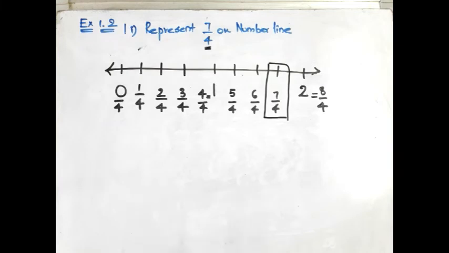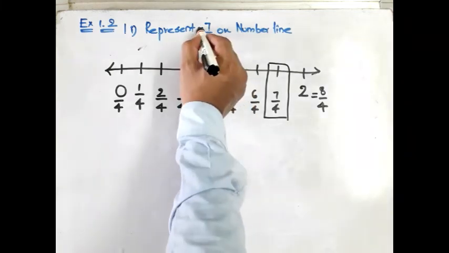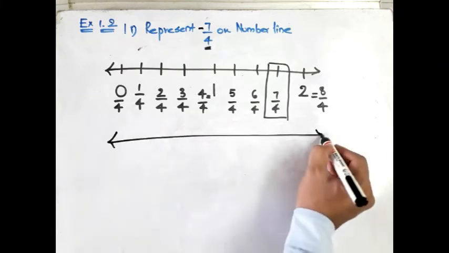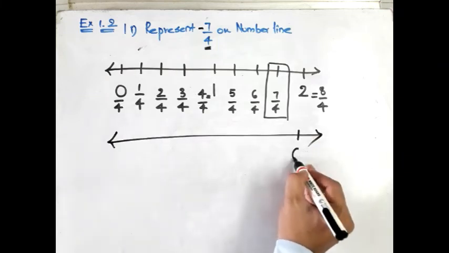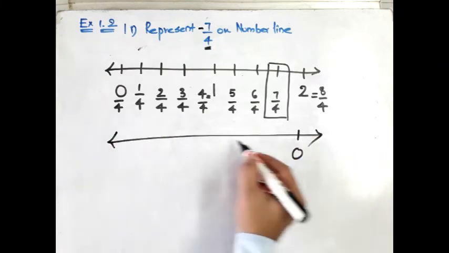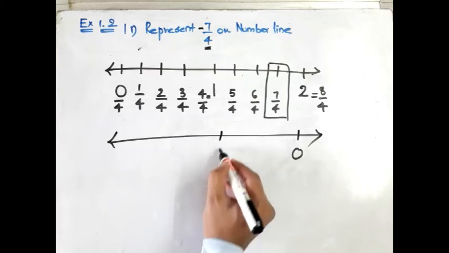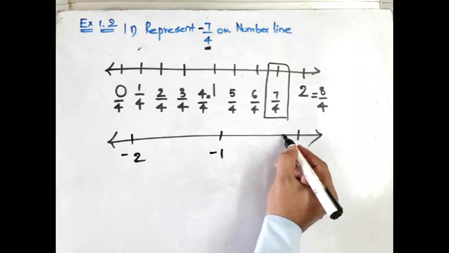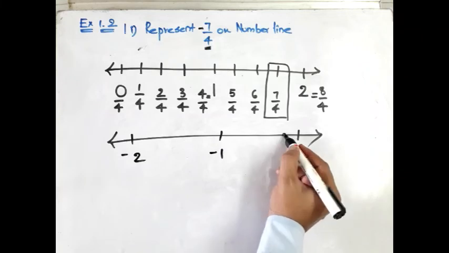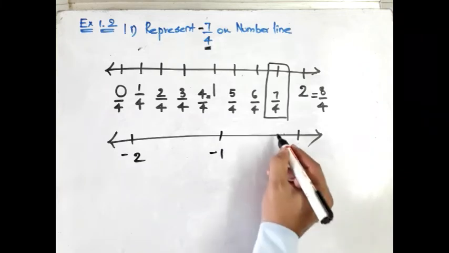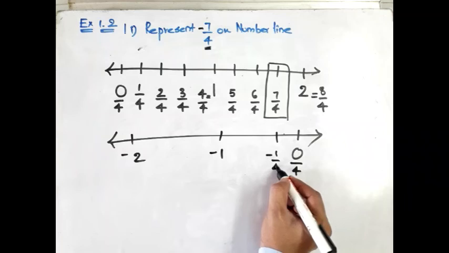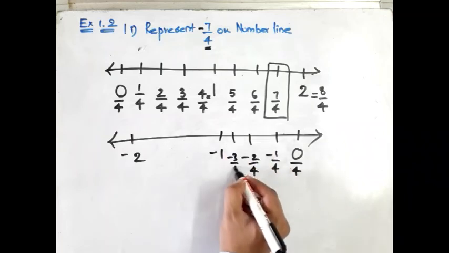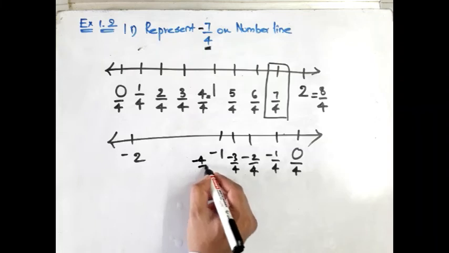For example, if it is minus 7 by 4, what will you do? The number line will come reversed because negative numbers come to the left of 0. So you will divide minus 1, minus 2. 0 by 4, minus 1 by 4, minus 2 by 4, minus 3 by 4, minus 1 you will write as minus 4 by 4.